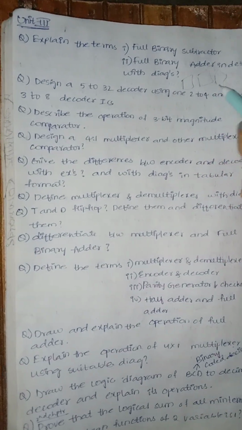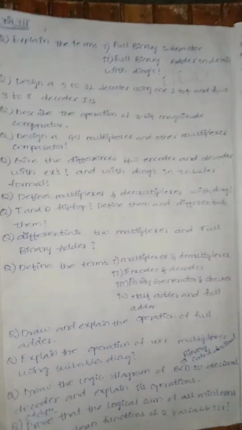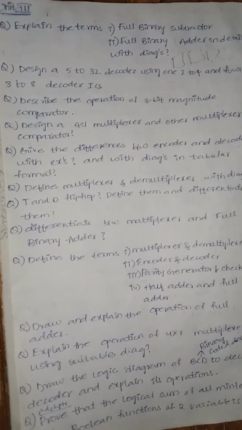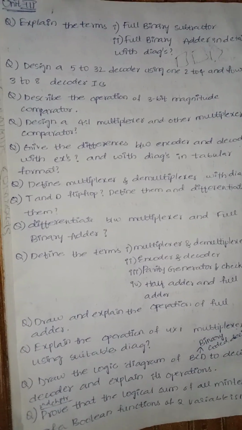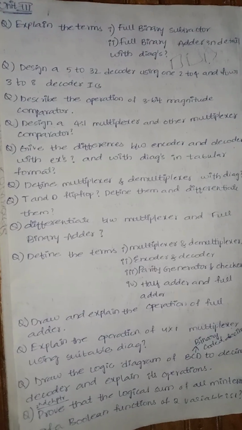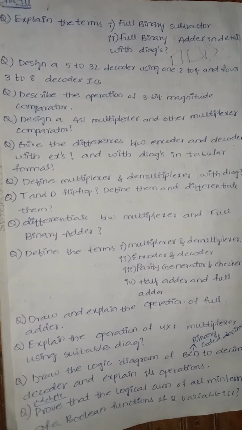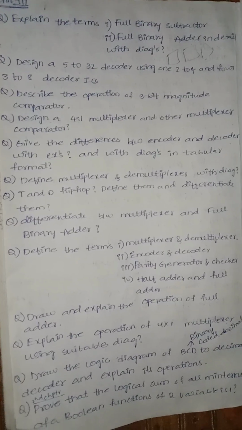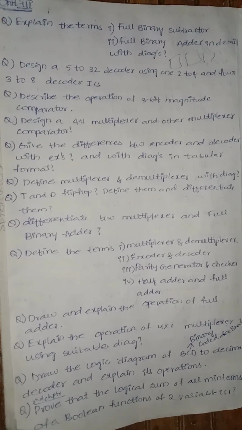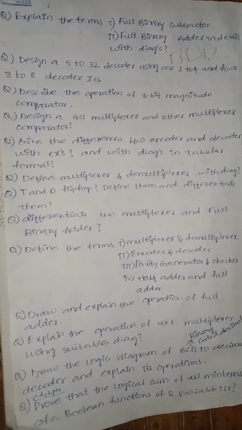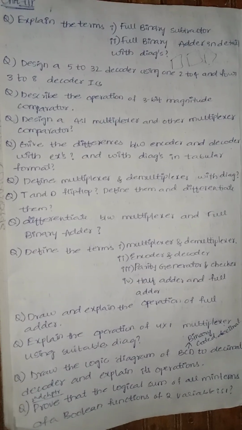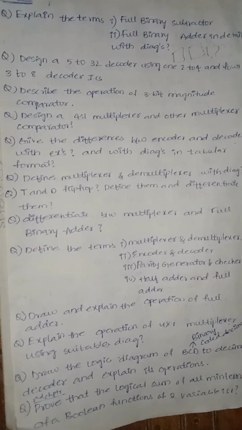Whatever we are doing, explain it in detail with the diagram. And multiplexer, demultiplexer like 4:1, 8:1, 16:1, encoder, decoder concept, generator concept, adder, full adder, half adder, and by using diagrams we can explain it in detail.